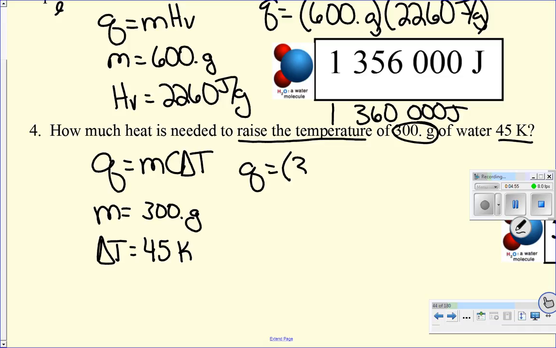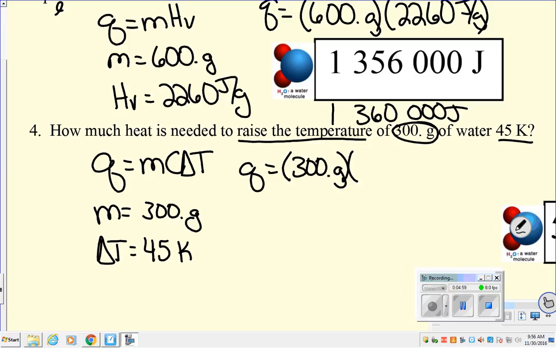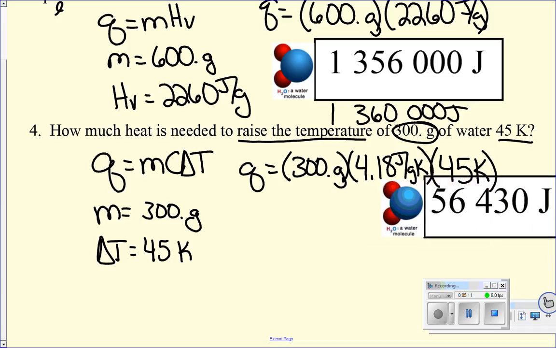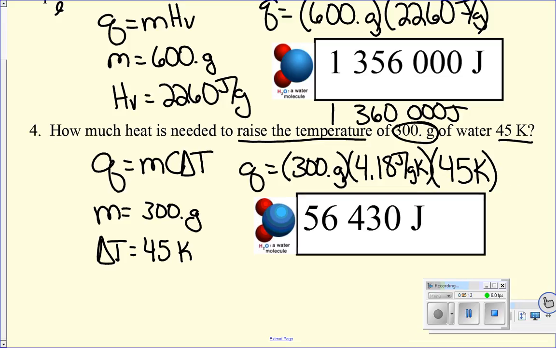So we'll plug in our mass of 300 grams, our specific heat capacity of 4.18, and our change in temperature of 45 Kelvin. Simply multiplying through, you get 56,430. We're actually limited to only 2 sig figs here, so this would round to 56,000 joules.